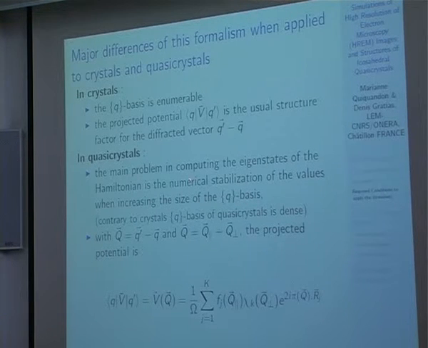Contrary to crystals, the Q basis of quasicrystals is dense. The term that is also different from crystals is the off-diagonal terms of the Hamiltonian.